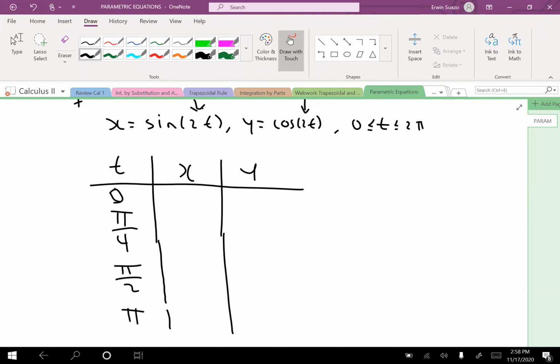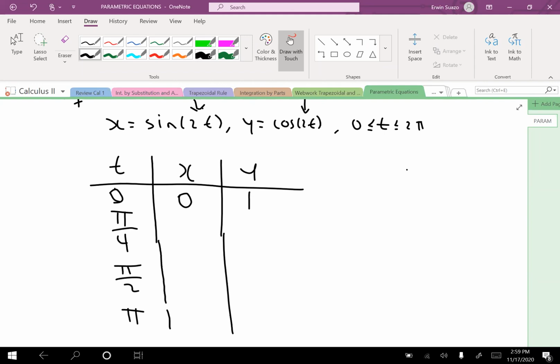It is sine of 0, so 0. And then y is cosine of 2 times 0, which is cosine of 0, which is 1.